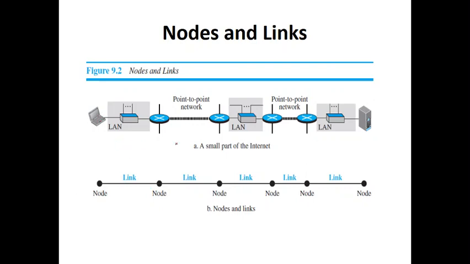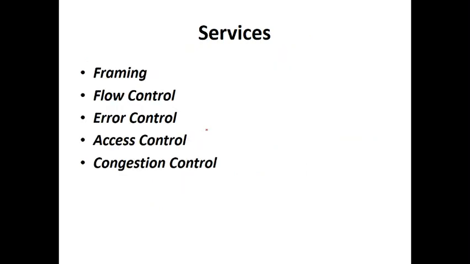If I count 1, 2, 3, 4, 5, 6, there are 6 nodes. Normally we call end systems hosts and intermediate nodes nodes, but we can also call all the devices nodes, and we connect two nodes using a link, that is nothing but the communication medium. That is why in networks we normally call devices nodes and the path between them a link.